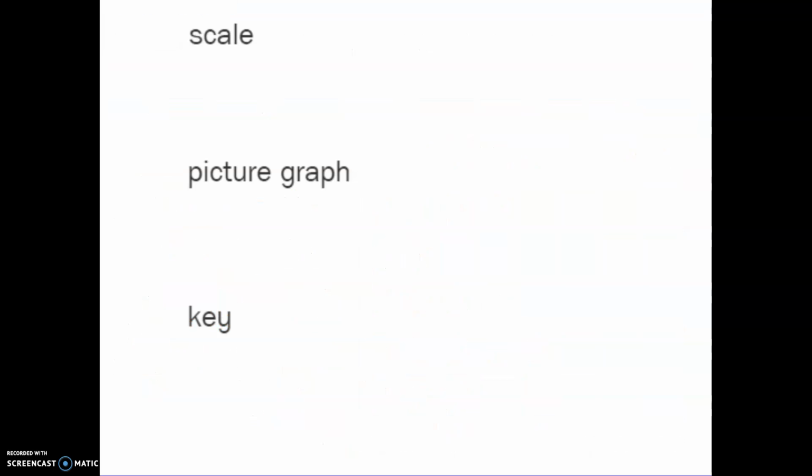All right, there we go. So some vocabulary words I want to talk about. The scale of a graph is the intervals of numbers that you would use on a bar graph. Okay?